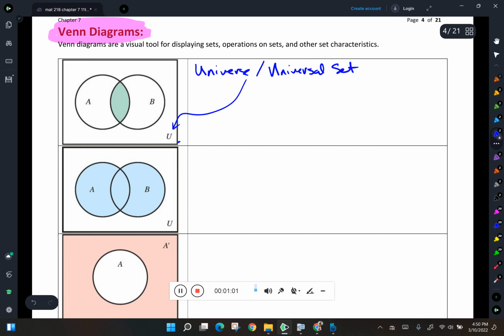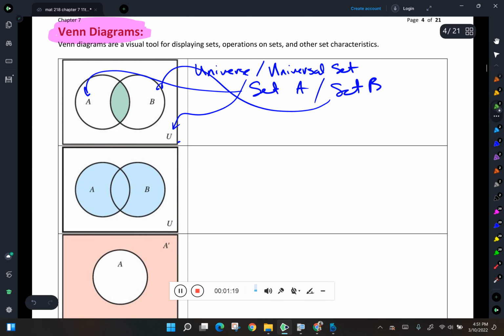So that U right there tells me that this box represents my universe. I have a set A, and that's the circle drawn on the left. I have a set B, and that's the circle drawn on the right. And then I have that piece in the middle that is shaded green.